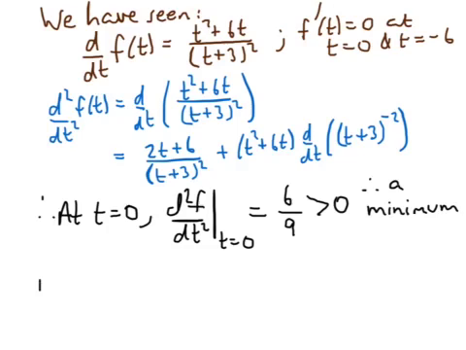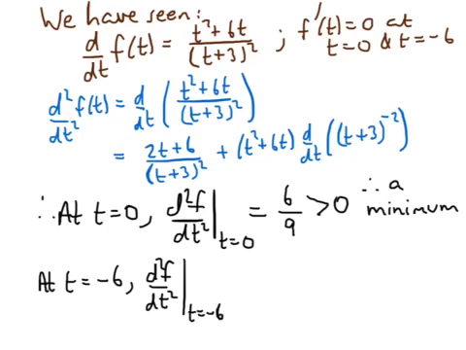What about at t equal minus 6? The second derivative with respect to t, evaluated at t equals minus 6, is going to be, well, from the numerator we have 2t plus 6, so that is minus 12 plus 6, so we're going to get minus 6.